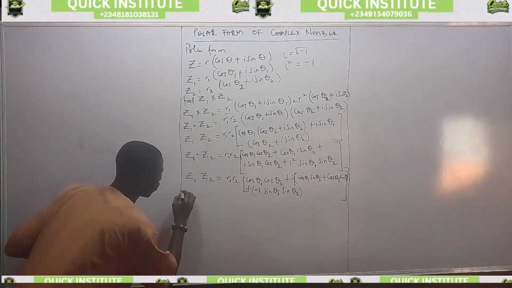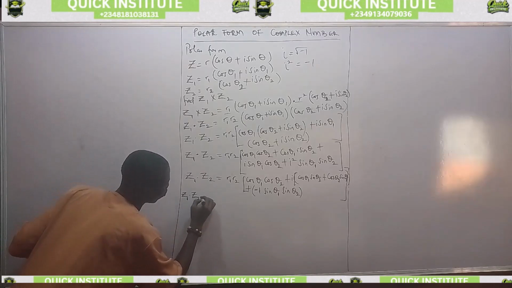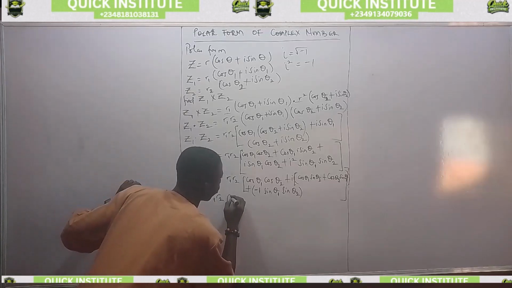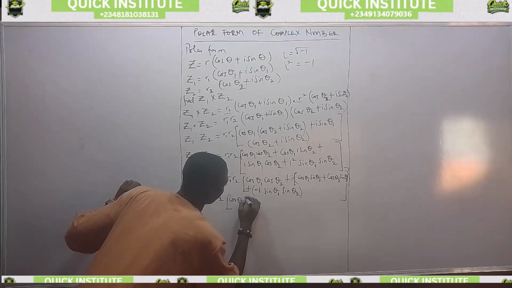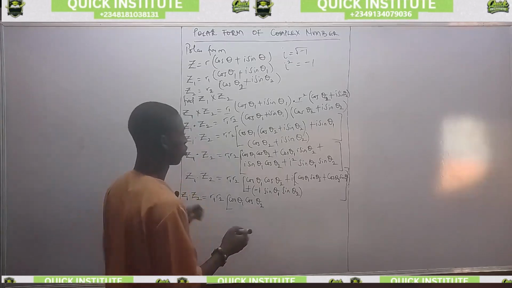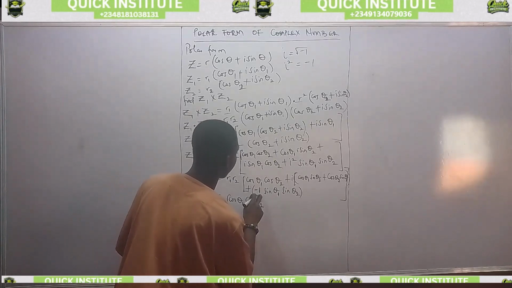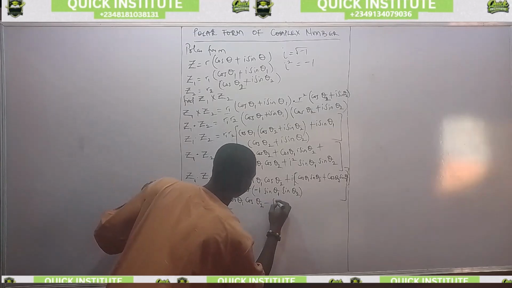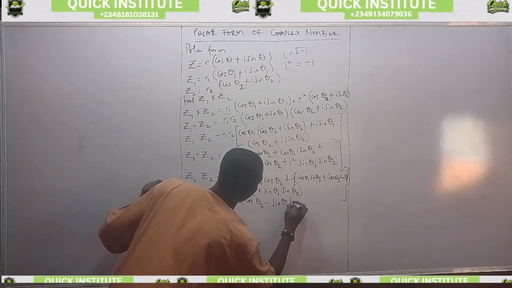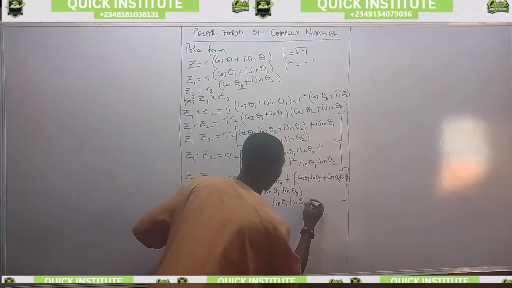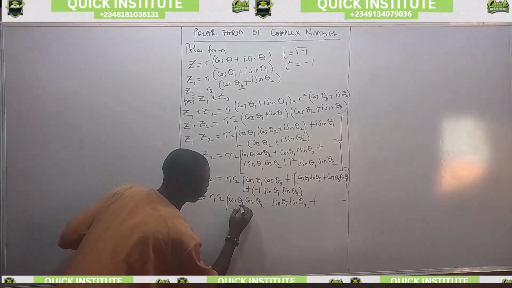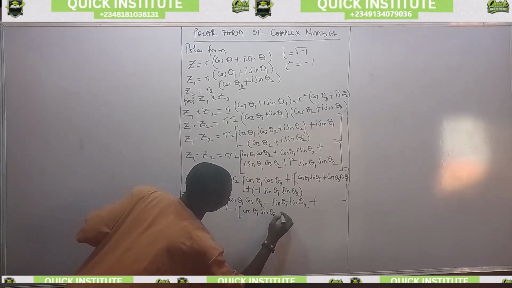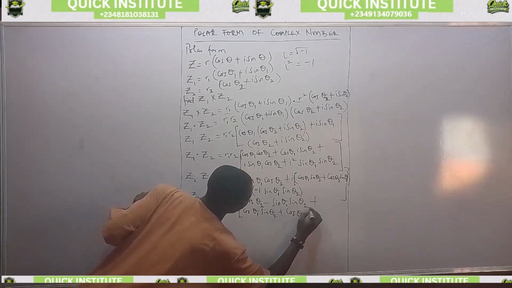Everything in brackets: z1 z2 equals r1 r2 [cos theta 1 cos theta 2 minus sin theta 1 sin theta 2 plus i (cos theta 1 sin theta 2 plus cos theta 2 sin theta 1)].